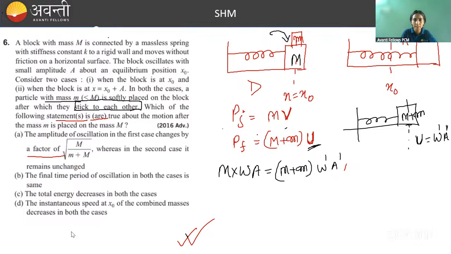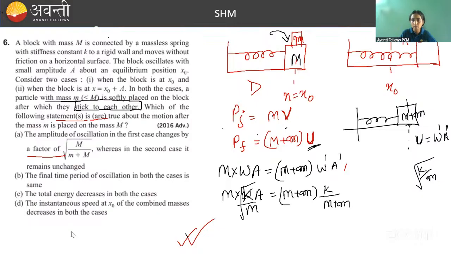Now if you check it, M into omega A will be equal to M plus m into omega dash into A dash. ओमेगा dash को आप क्या लिखोगे? ओमेगा होता है root under k by M, right? So initially omega is root under k by M, and now the system has a mass of M plus m, so omega dash is root under k by M plus m. ठीक है?